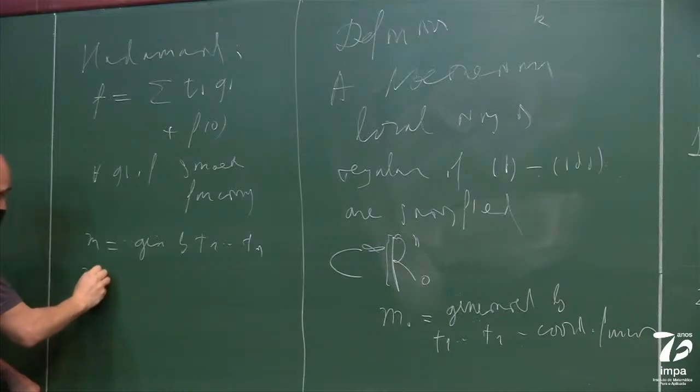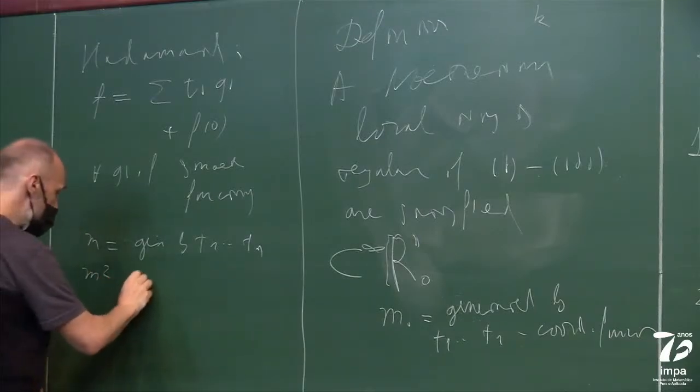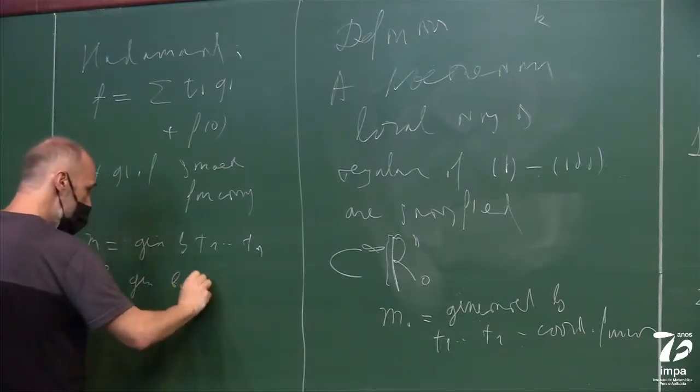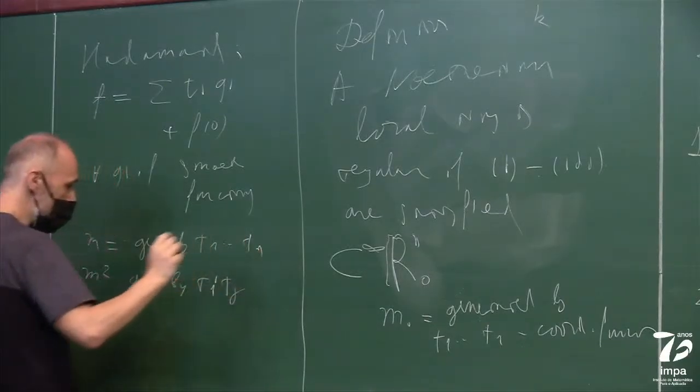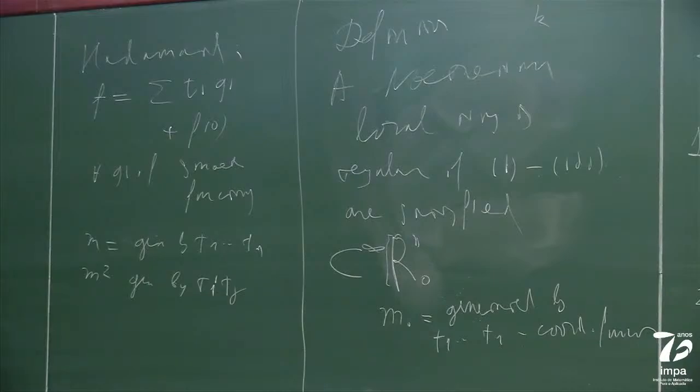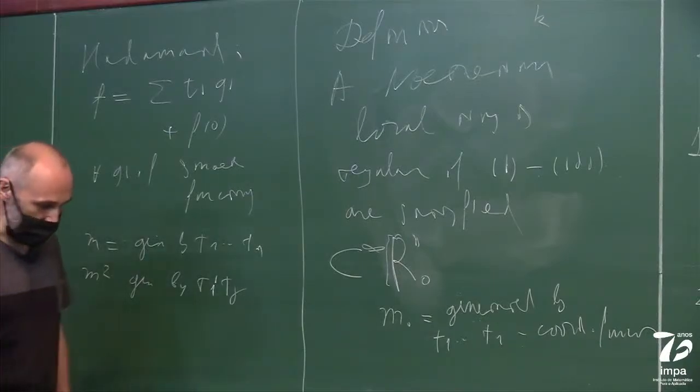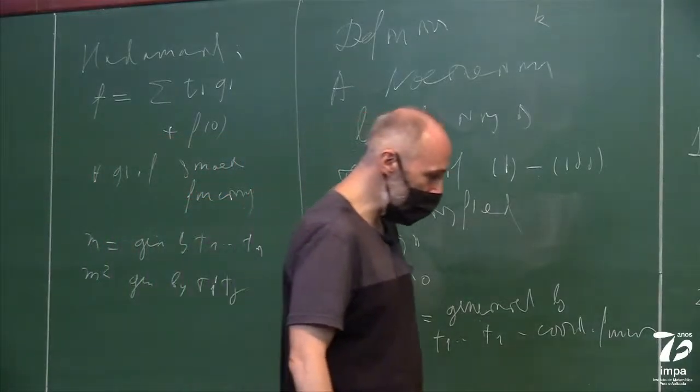Then M squared, for the same reason, is generated by Ti Tj, and so on. M cubed is generated by triple products of coordinates and so on.